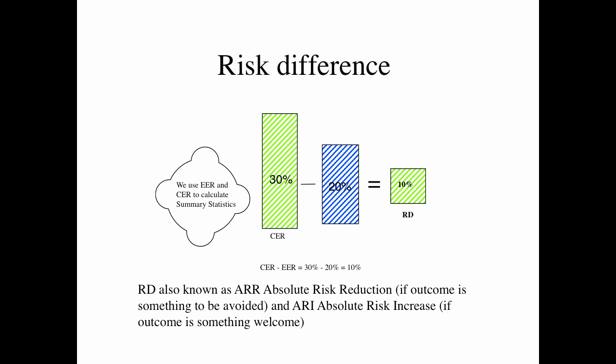I must just add that in some books you will see this referred to as the absolute risk reduction, which is okay if the outcome is something to be avoided, as in this case we were trying to treat patients to avoid a heart attack or a stroke. But sometimes the risk difference is something that we want, such as the cure rate of antibiotics for pneumonia, in which case you have to use a slightly different word, absolute risk increase. So I prefer RD, or risk difference.